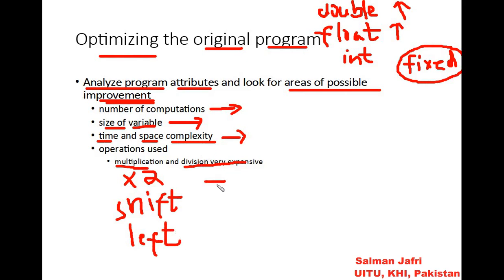Also, for example, if we have to divide by 2, again, we can convert it into a shift right operation. Shift left and shift right are very fast operations as compared to multiplication and division. So it's an excellent optimization we could do. Let's look at an example to understand the optimization using this technique, right?